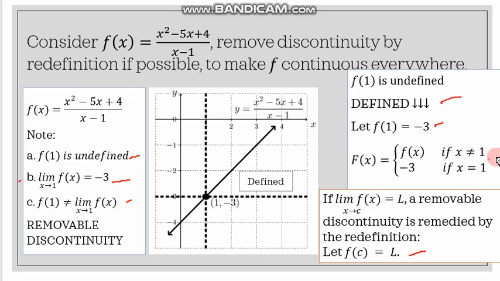So the new function is f of x equal to f of x if x is not equal to 1, referring to our original function, and negative 3 if x is equal to 1.